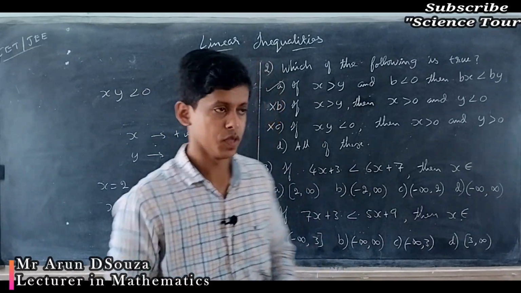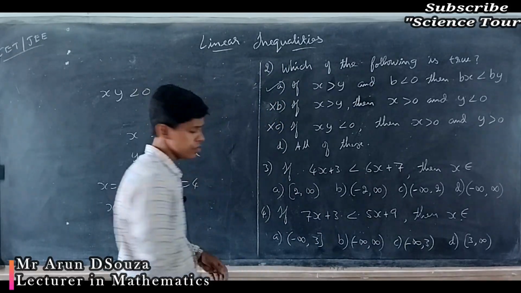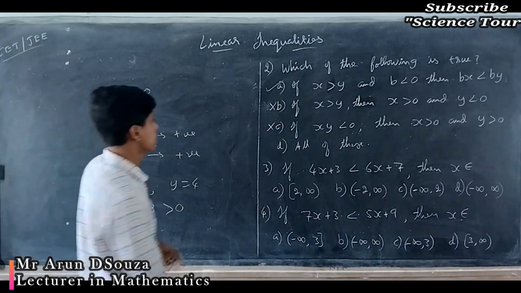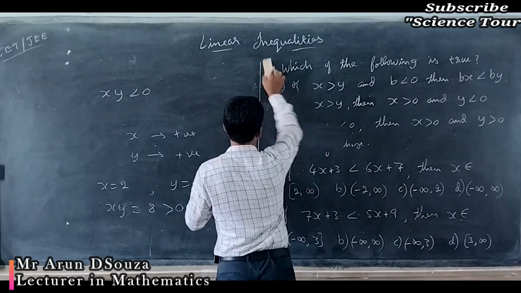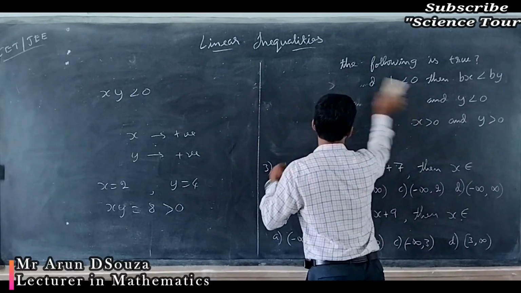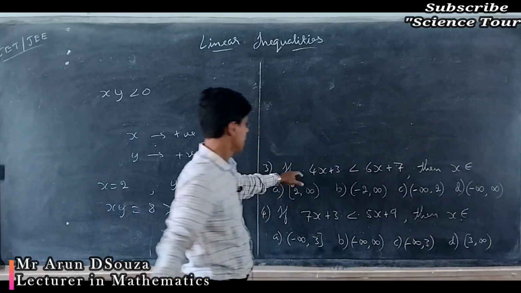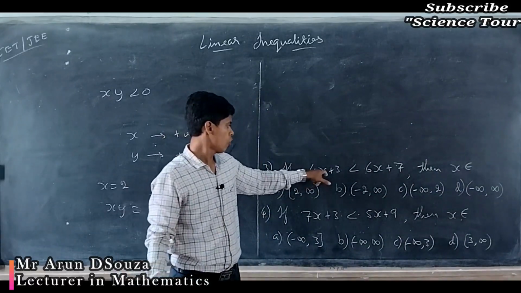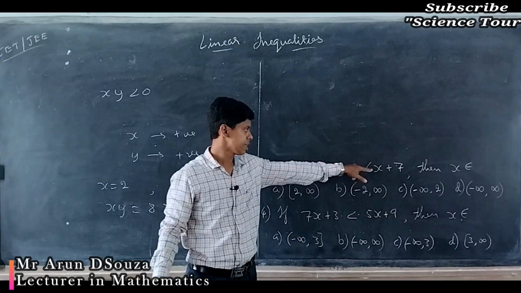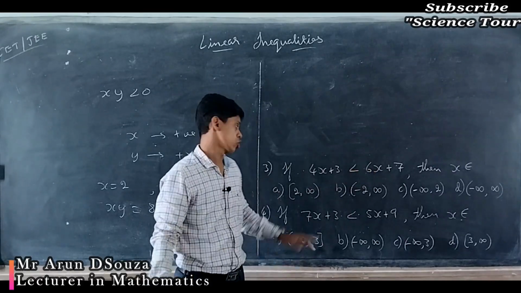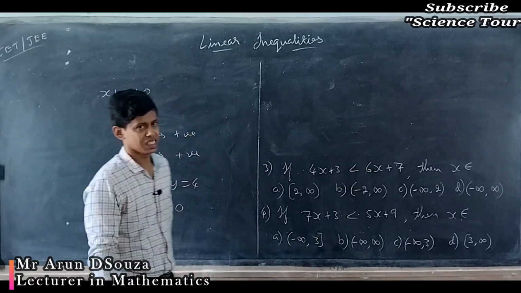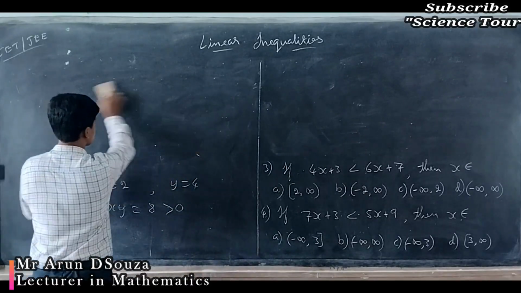All right, let's go with the third question. Now in the third question, if 4x plus 3 is less than 6x plus 7, then x belongs to which of these intervals? That's the question that is asked.